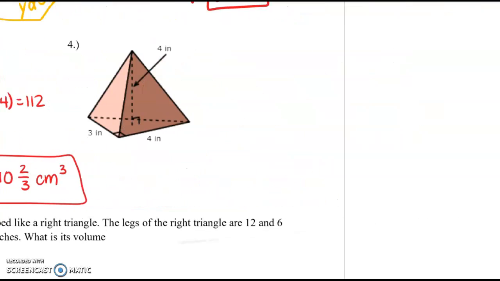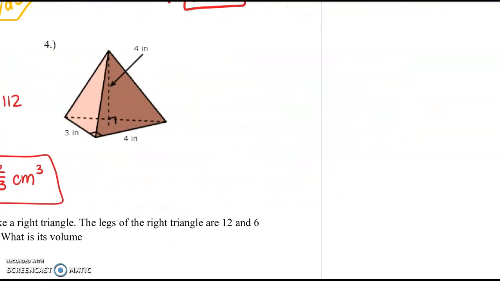All right, next one, we're going back to a triangle base. So I need to use 1/2 base times height. Since this is a triangle, big B is 1/2 times 3 times 4. That's going to give me 6.